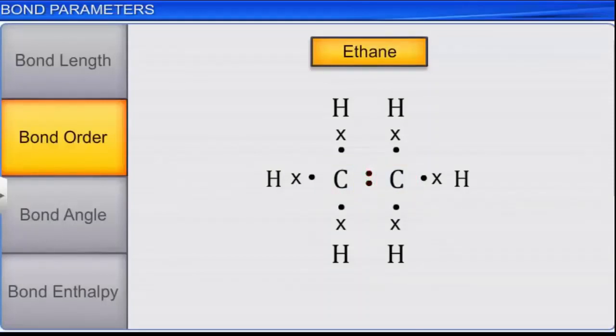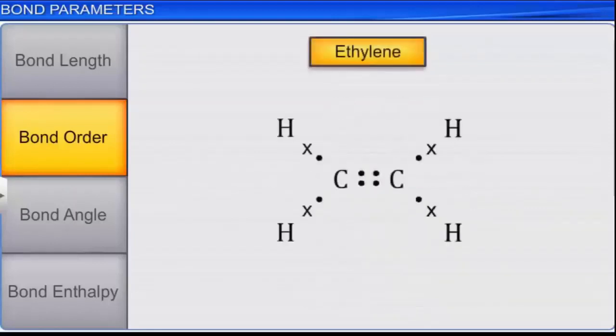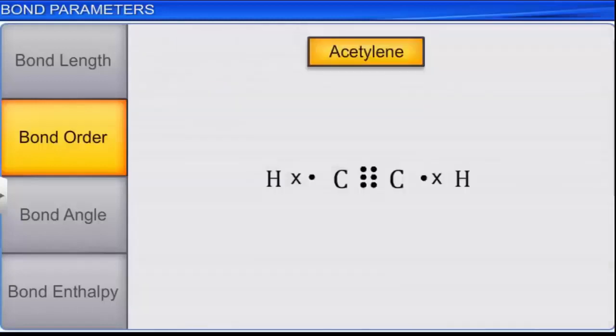Therefore, the bond order is said to be 1. In ethylene, two carbon atoms share two pairs of electrons. Therefore, the bond order is said to be 2. And in acetylene, two carbon atoms share 3 pairs of electrons. Therefore, the bond order is said to be 3.